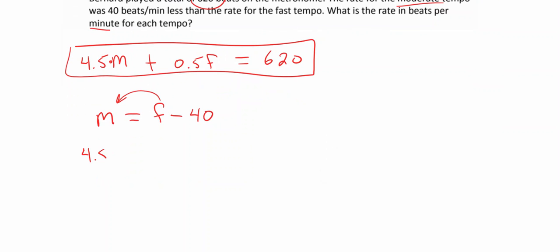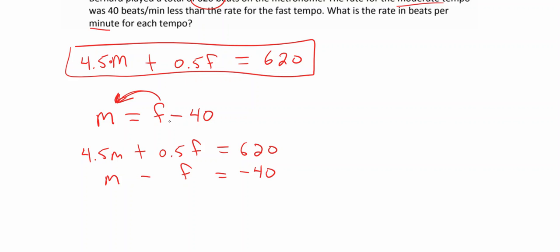Let's write the top again, so there we have one over the other. I'll have 4.5M plus 0.5F is equal to 620. And then bringing that F to this side by subtracting F from both sides, we're going to have M minus F is equal to negative 40, sorry. Now what are we going to do to eliminate something?